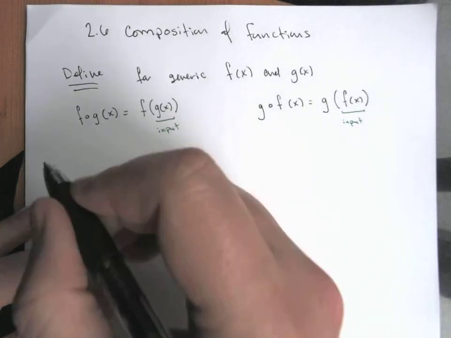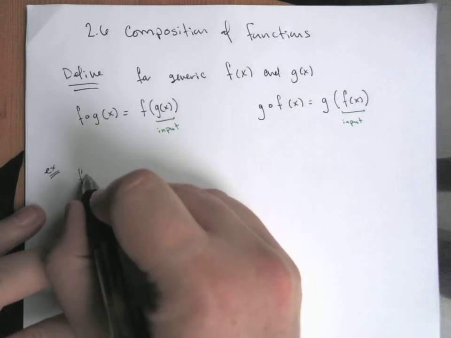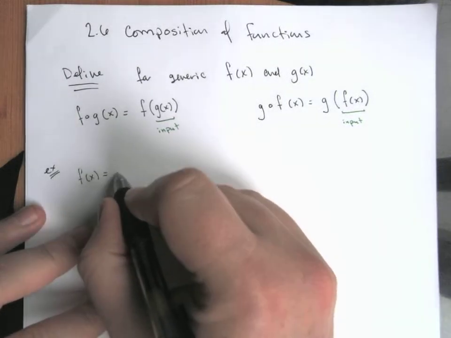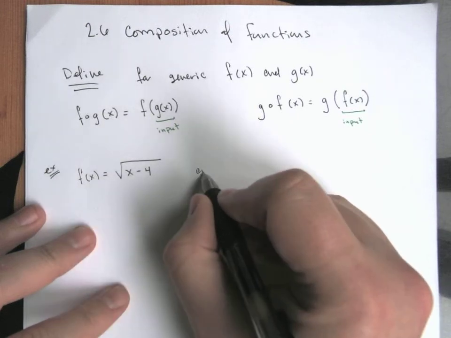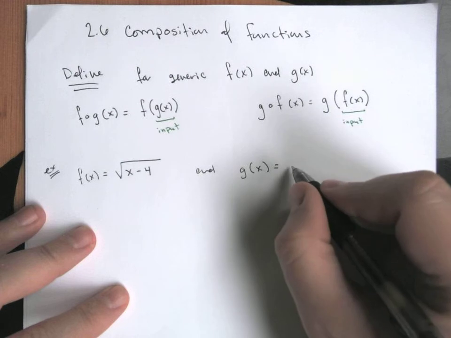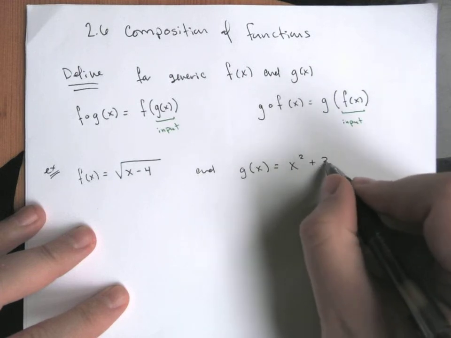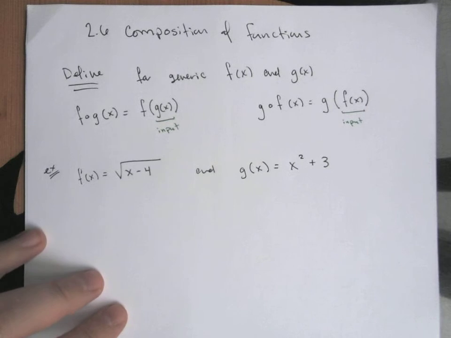The easiest way, I think, to wrap your head around this is to see it in action. So let's recycle the functions we just were using. Let's say f of x is the root of x minus 4, and g of x is x squared plus 3. There are aspects of the domain that change.